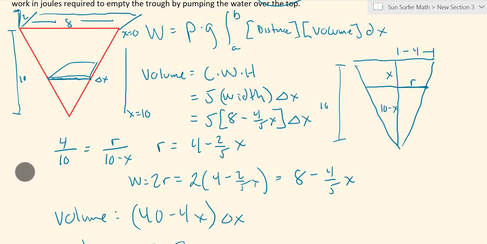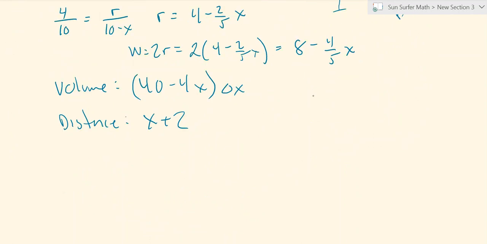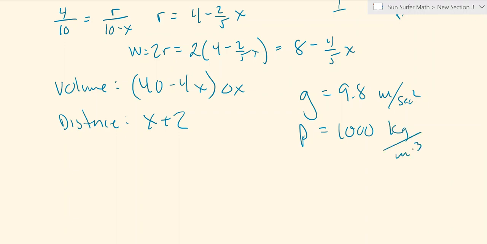Well, putting it all together in our integral, along with the fact that the acceleration due to gravity is 9.8 meters per second squared, and the density of water is 1,000 kilograms per meter cubed. So our work function is 9.8 times the density, 1,000.